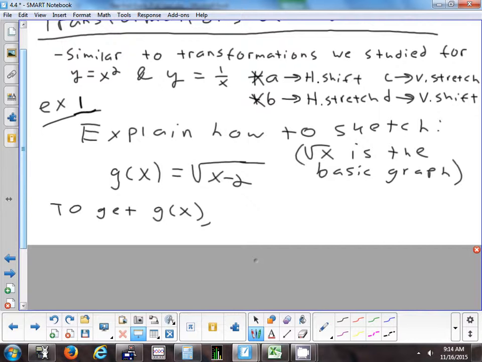This is like your A up above. Just be careful of the direction. Yep, it's going to move the graph 2 units to the right. Perfect. So to get g of x, shift square root of x right 2.